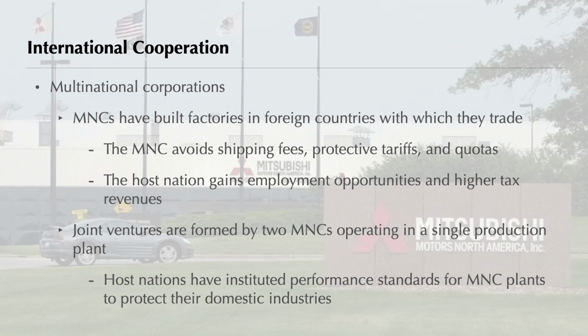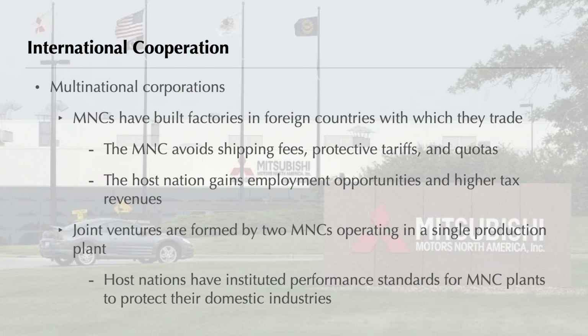In recent years, more global companies have built plants in the countries with which they do business. The decision to build in a foreign nation can benefit both the multinational corporation, the MNC, and the host nation. The corporation is able to avoid some shipping fees, protective tariffs, and quotas.